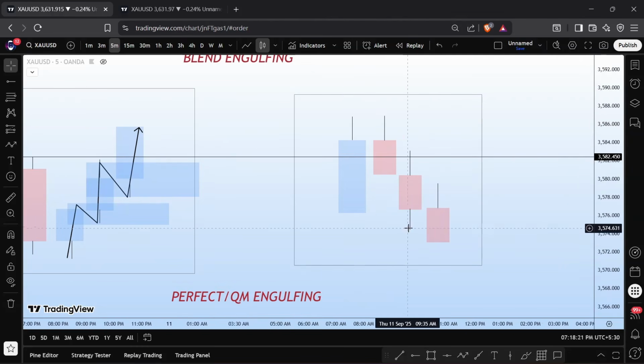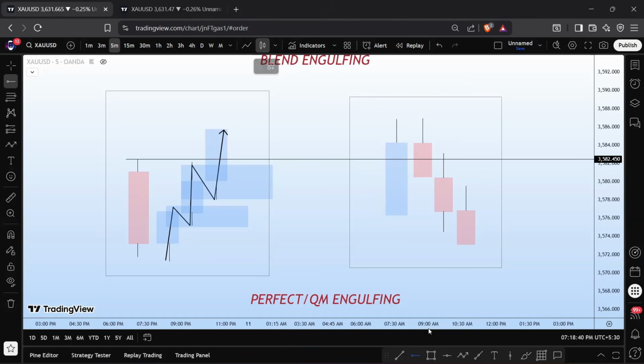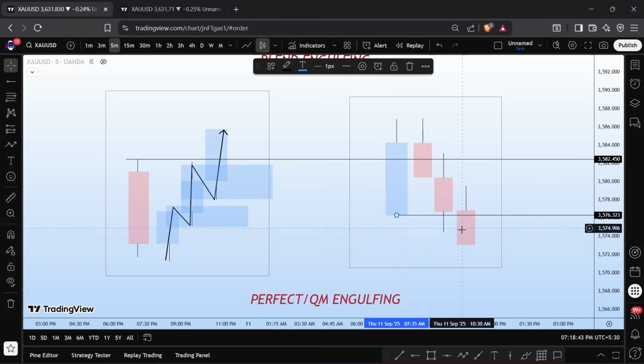Okay, coming to the bearish type of blend engulfing, when the low of a bullish candlestick gets taken out by more than one bearish candlestick, we call it blend engulfing. Over here this low was engulfed by 3 consecutive bearish candlesticks. So this is what we call blend engulfing sell.